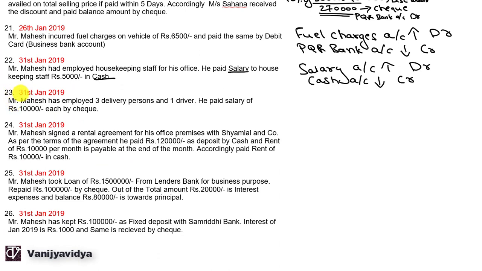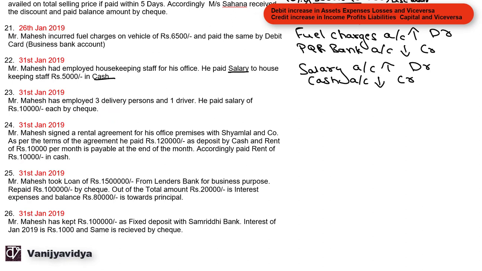Transaction number 23, 31st Jan 2019. Mr. Mahesh has employed 3 delivery persons and 1 driver. He paid salary of rupees 10,000 each by check. So again he has paid some salary. Salary to whom? 3 delivery persons and 1 driver. How much is the salary? 10,000 per head.